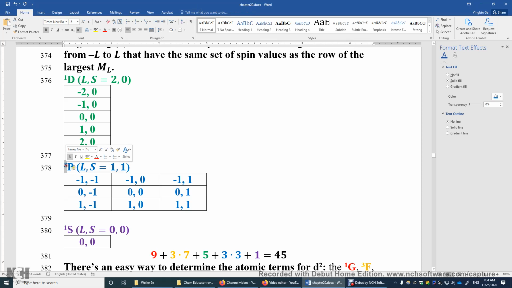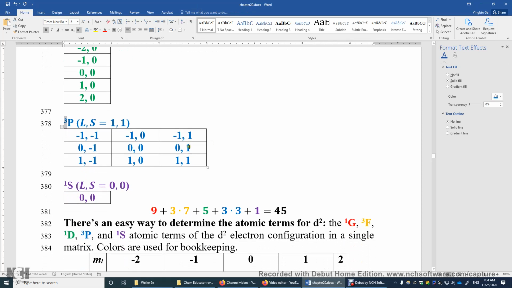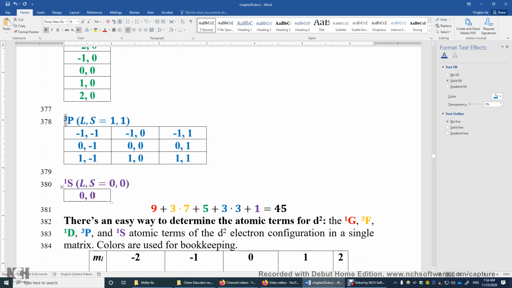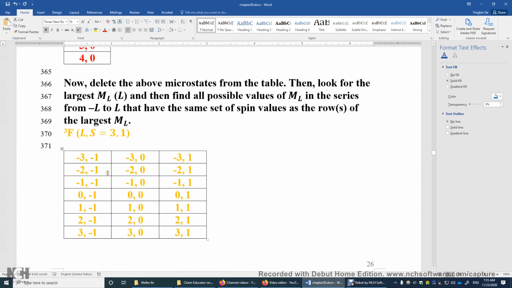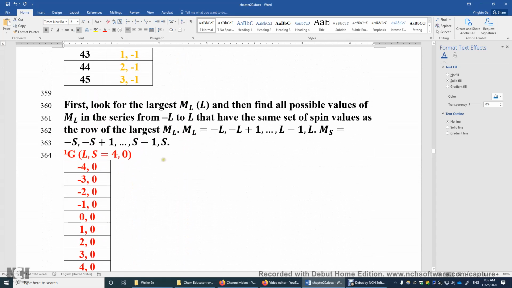This 3 is 2S plus 1. Finally, there's 1 microstate left. L has to be 0, and S has to be 0. And then the symbol is 1S. So in total, we determined this 9 microstates in red is our 1G atomic term.